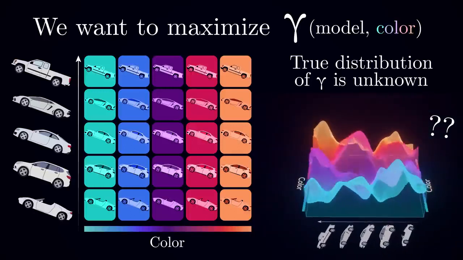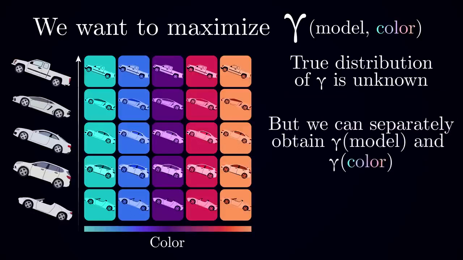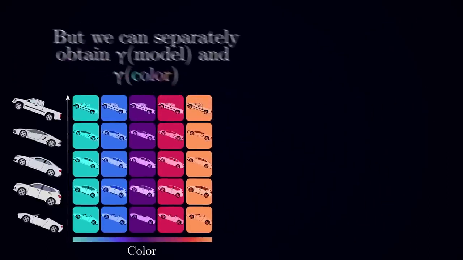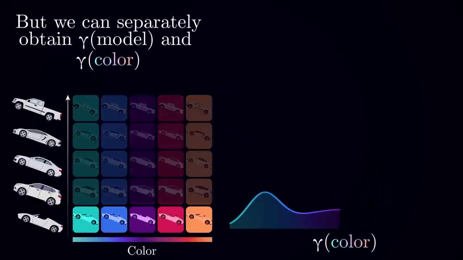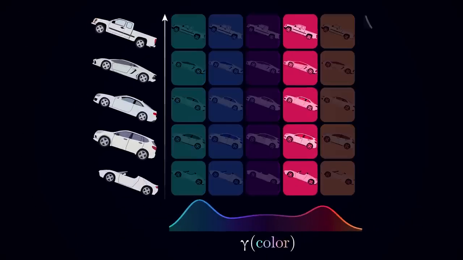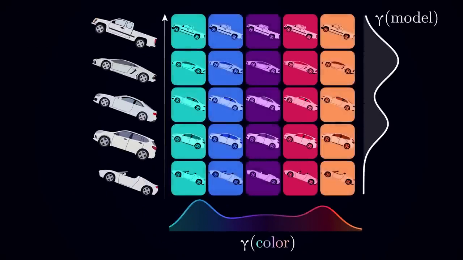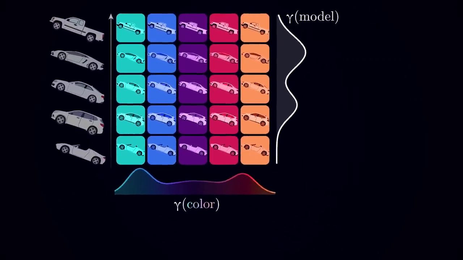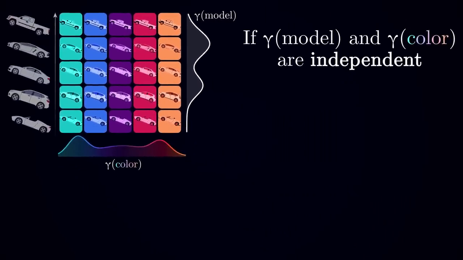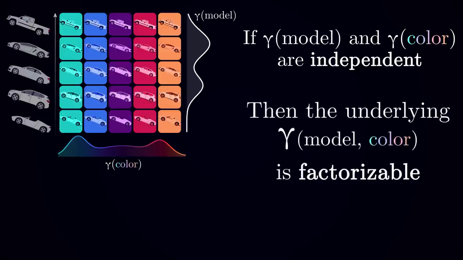However, it makes sense to separately learn the distribution of happiness along the color axis, for example by driving a Tesla of different colors, and the distribution of happiness along the car axis by driving each model in red configuration. If these two distributions are independent, for example, if you prefer blue over yellow, and that is the case irrespectively of the car model, then the underlying two-dimensional distribution is said to be factorizable.